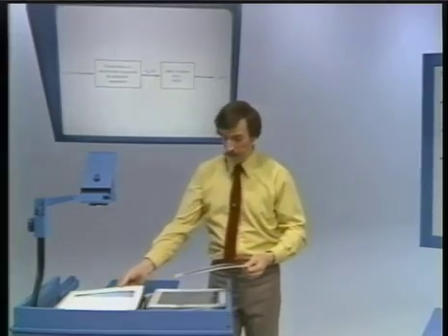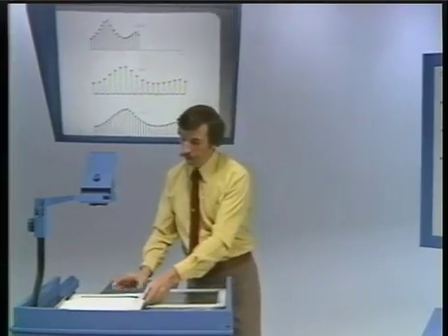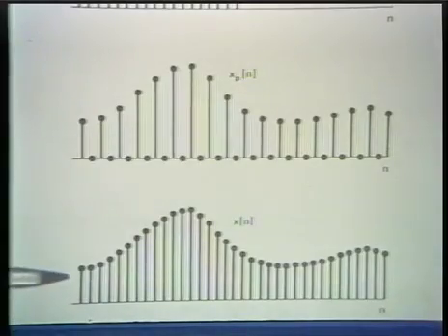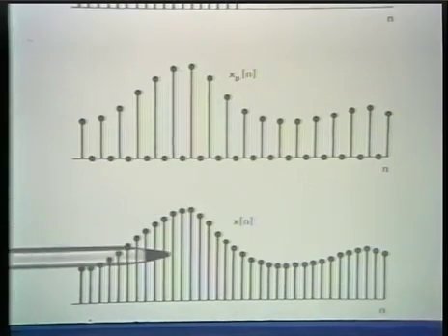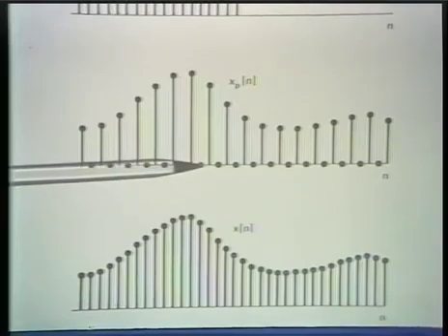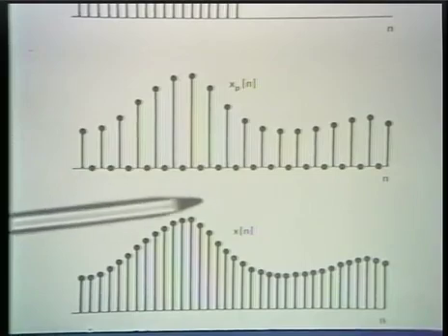So just kind of looking at sequences again, what we have is an original sequence, the sequence x of n, and then the sampled sequence is simply a sequence which alternates, in this particular case, those sequence values with 0.